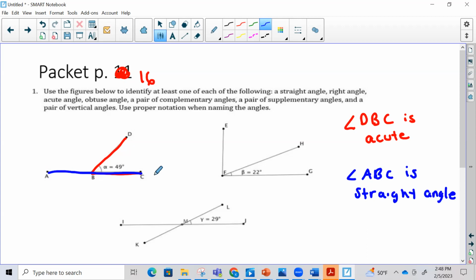So if angle ABC is 180 and this part of the angle is 49 degrees, we can find the measure of angle ABD, this side, by doing 180 minus 49.